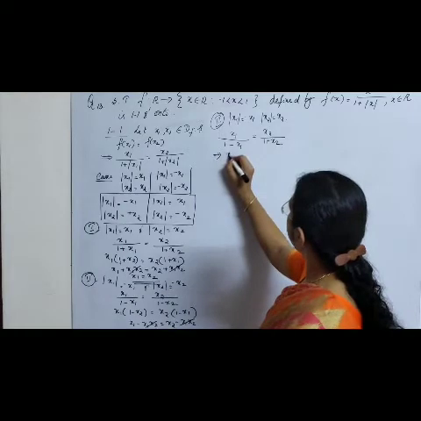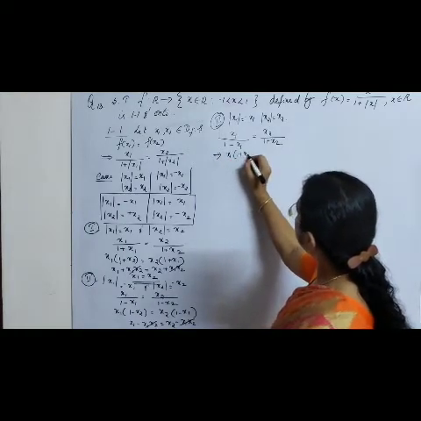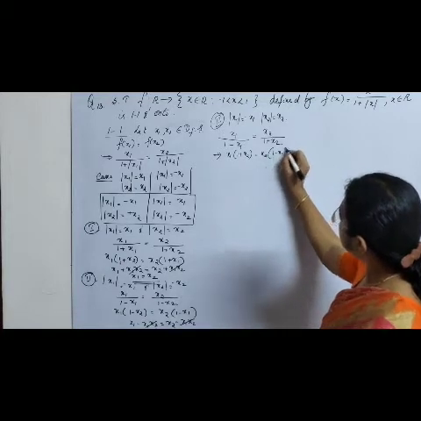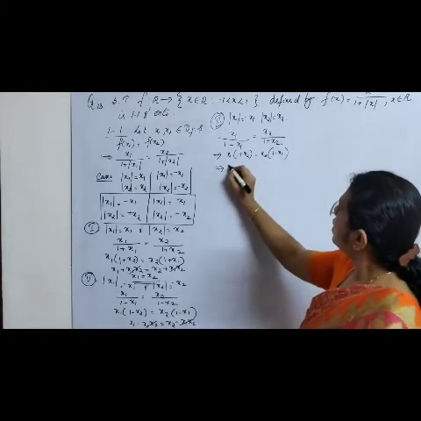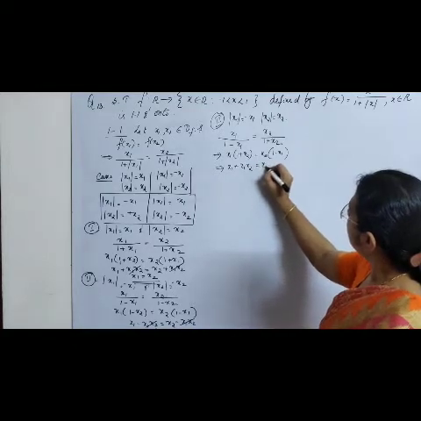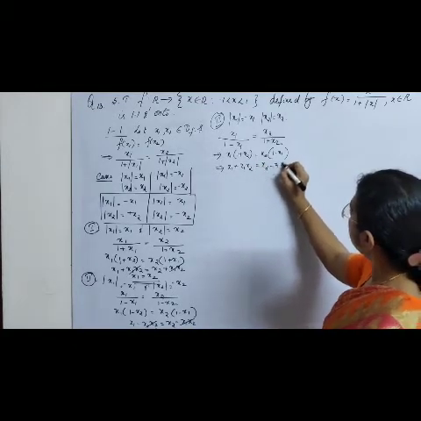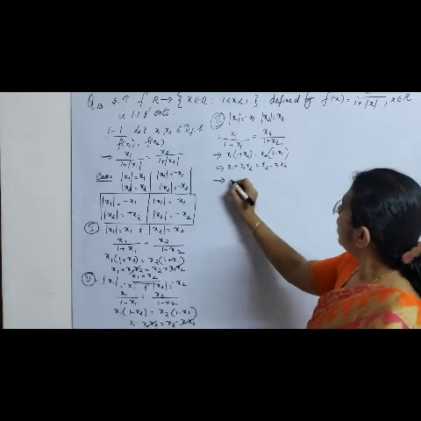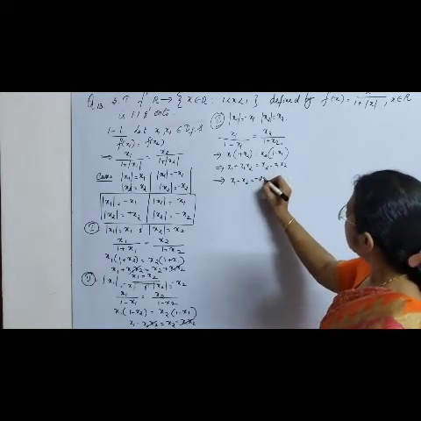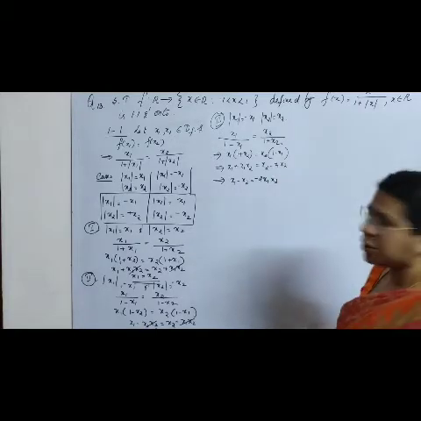This implies x1 into 1 plus x2 equals x2 into 1 minus x1. This implies x1 plus x1 x2 is equal to x2 minus x1 x2. What does this imply? x1 minus x2 is equal to minus of 2x1 x2.